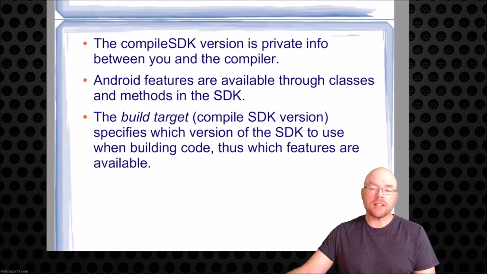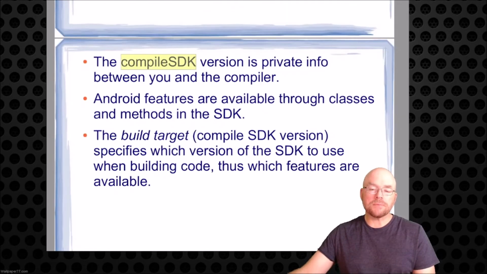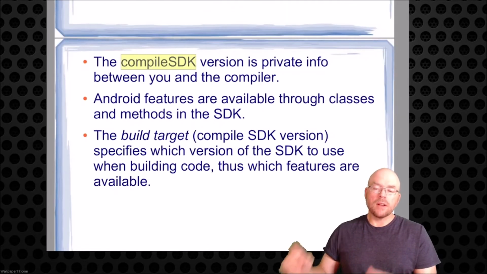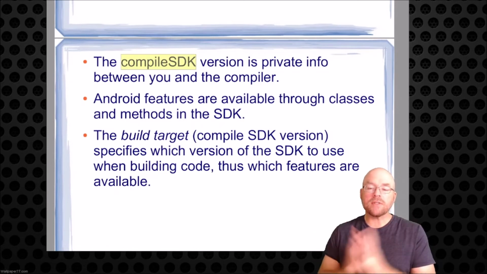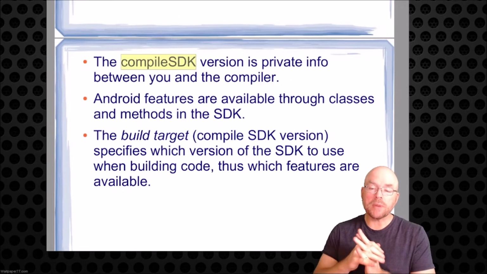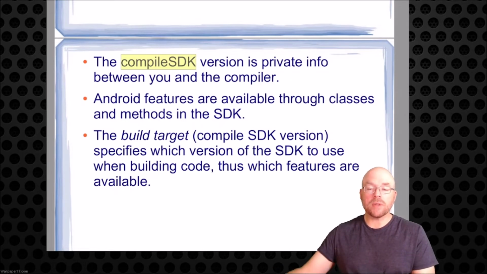And so the compile SDK, that's info between you and the compiler, as I was saying before. That's just a value that says, oh yeah, it was compiled at this number. Build target, that's the compile SDK version. That is specifying the version of the SDK to use when building code, and therefore which features are going to be available.